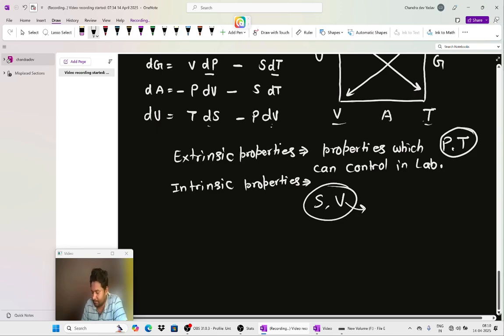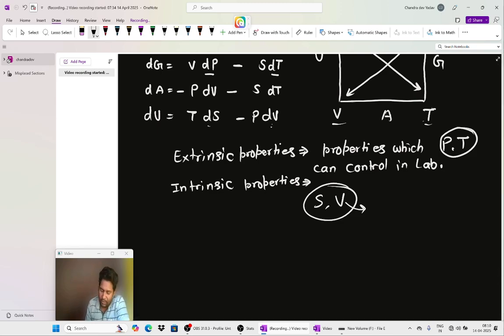So we will use the change in Gibbs free energy, because both variables here are extrinsic. One point: extensive and extrinsic are different.